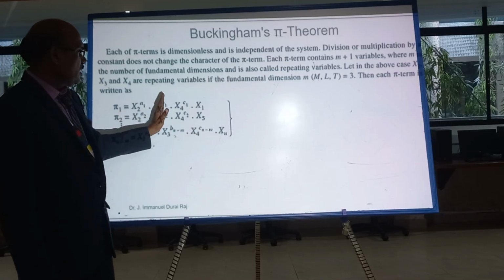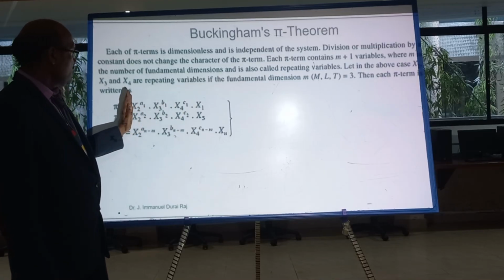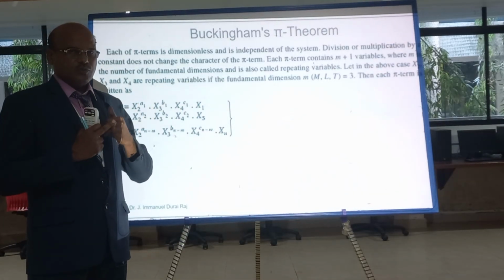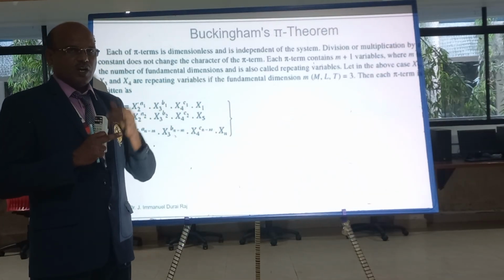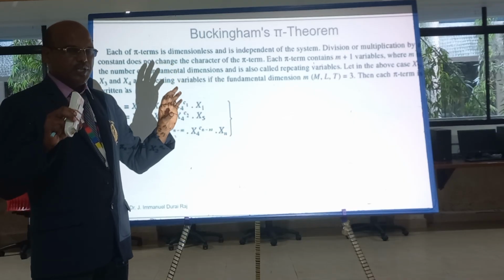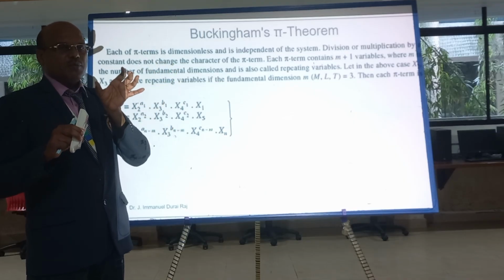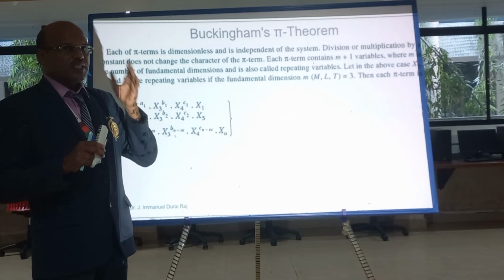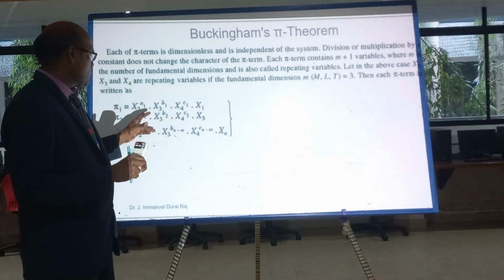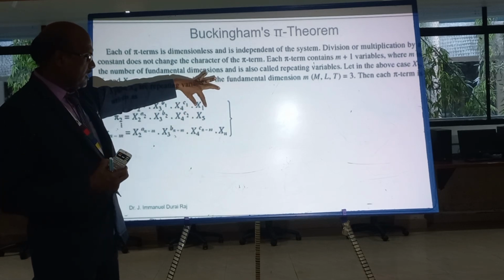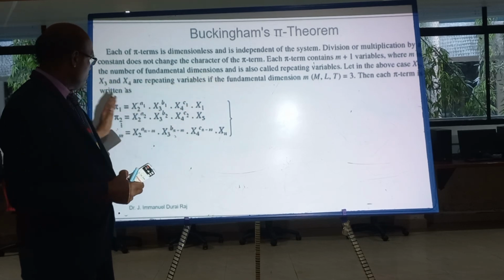These x2, x3, x4 are called repeating variables. Of the 6, one is dependent, leave this. The other 5 are independent. Among the 5 independent variables, we have to take 3 as repeating variables. x1 is the dependent, so x1 should be here.